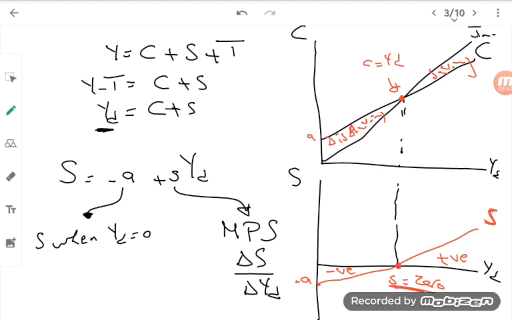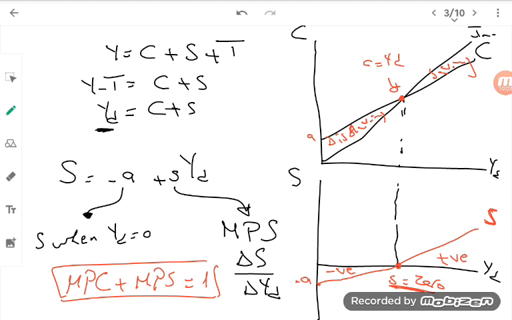From this, we can conclude that marginal propensity to consume plus marginal propensity to save must be 1. Their summation must be 1, as total income will be distributed between consumption by its percentage and savings by its percentage. Say for example, C equals 100 plus 0.7 YD.